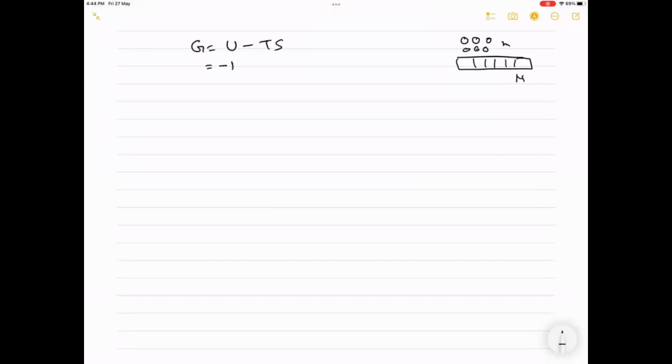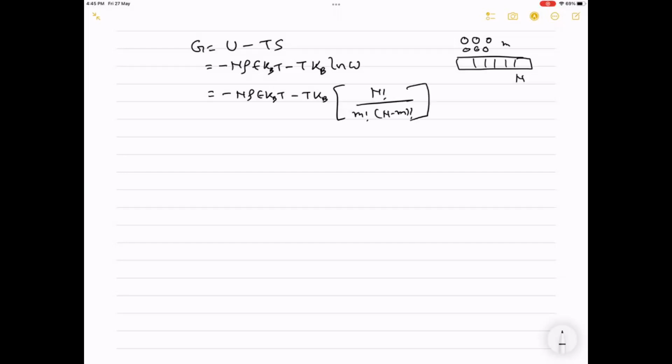For U we have already derived the relation, and for entropy we have to calculate it from the knowledge of W, and we now know the formula for W. This is n factorial divided by m factorial times n minus m factorial, right?